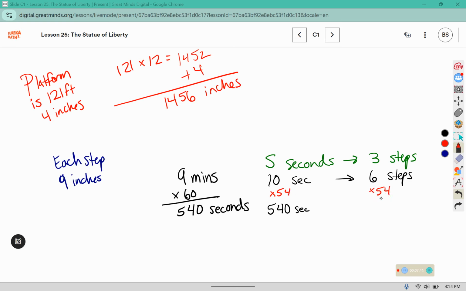So we need 6 times 54 to tell us how many steps. 6 times 4 is 24. 6 times 5 is 30. Plus 2 makes 324 steps. And each step is 9 inches.